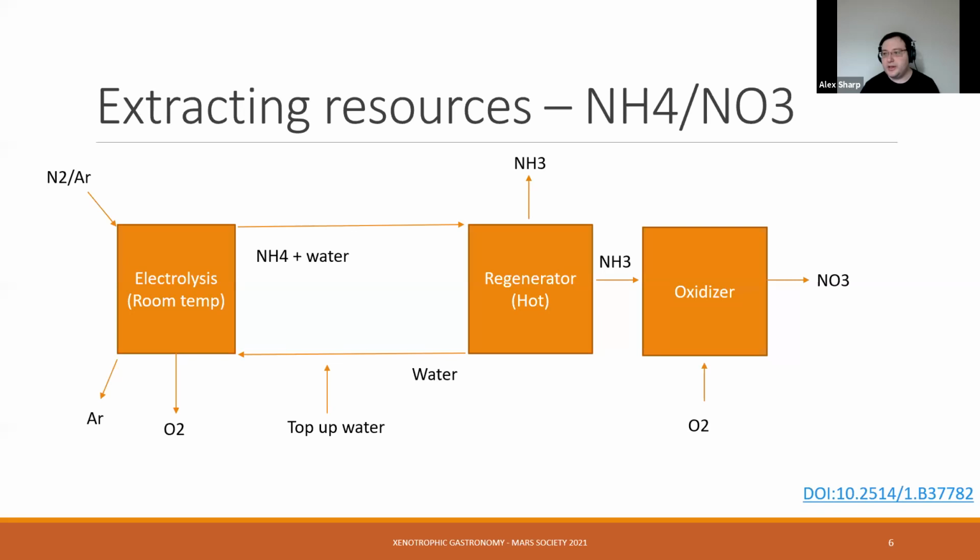So what you want is ammonia, or better yet, nitrate, because things can still use ammonia, but ammonia is toxic. Ammonia is also useful later on because you can use it as a store of hydrogen, because cryogenic hydrogen is a giant pain to use. If you decompose your ammonia, you can get as much hydrogen as you need, nice and easily. And so again, we're doing room temperature electrolysis.